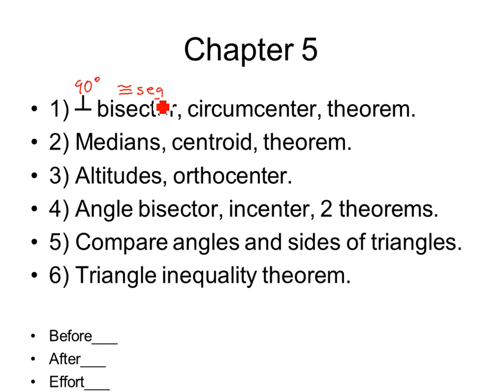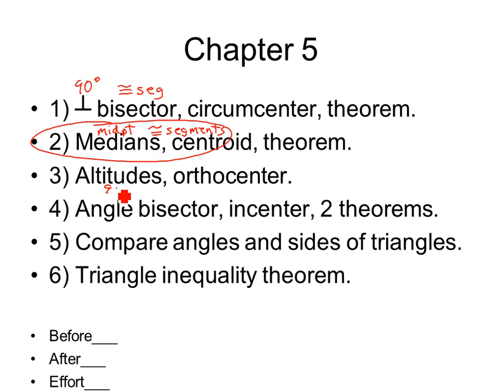Medians, what's a key thing to remember with median? Midpoint. You have a midpoint, you have congruent segments. That goes with median. Anytime you hear that, you should remember that. Altitude, what's the key thing to remember with altitudes?